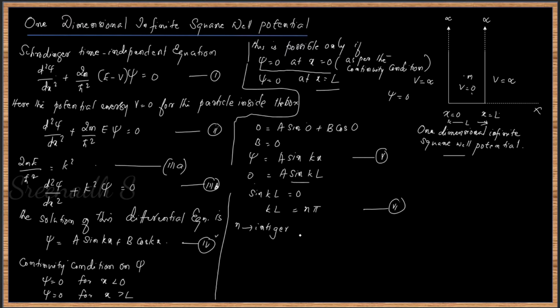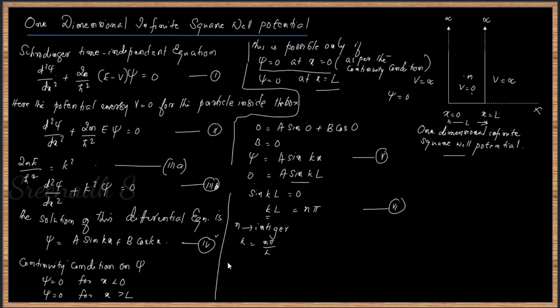So substitute this value, because in the equation number 5 we have psi is equal to a sine kx. For k we can get the value n pi by L. So k is equal to n pi by L. Substitute here. What will be the value in the equation number 5?